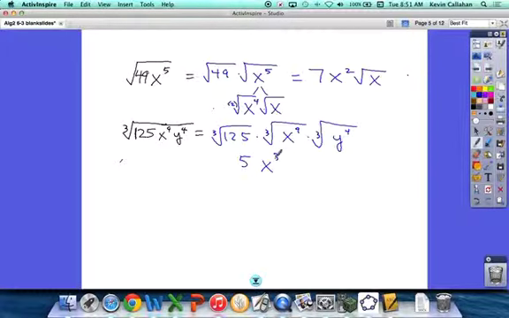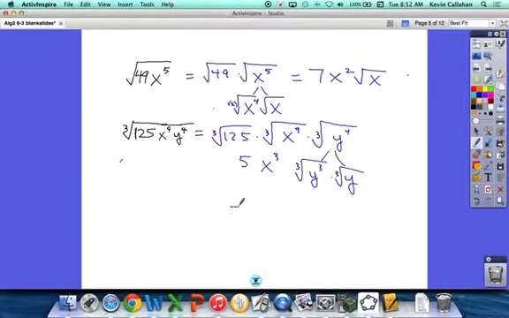And then how about the cube root of y to the fourth? 4 does not divide evenly by 3, so you break it up into y to the third times y. And then you can do the cube root of y to the third times the cube root of y.